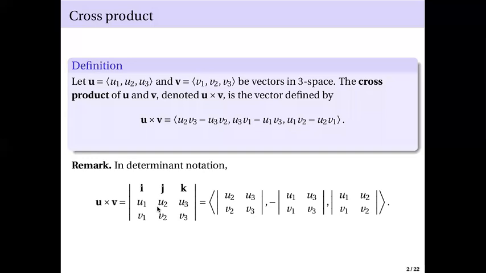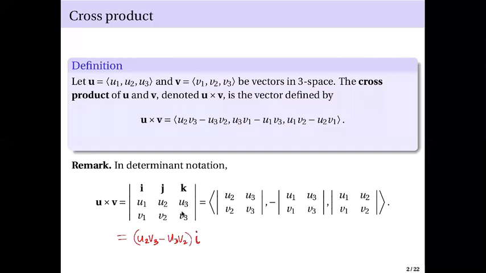Okay? So if you do this part here, what you will get is the following. You have i times the determinant of this guy here: u2 v3 minus u3 v2, and then there's your i.